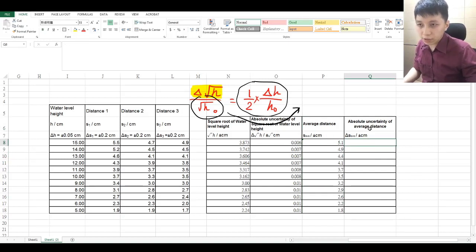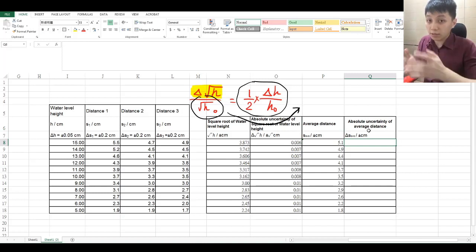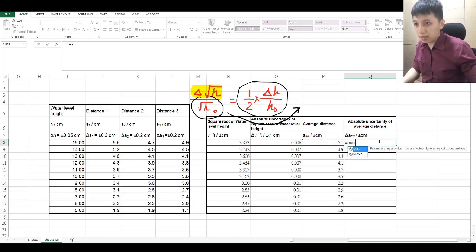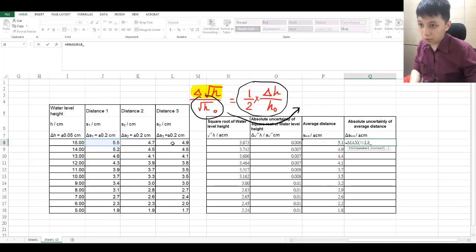For absolute uncertainty, we'll be again using the half range method, and the formula is very similar. So we would have to do same as the one for this, but then we'll do minus. So let me do it. Maximum, double click, select the range, close bracket, minus the minimum, double click, select the range, all right, and add a bracket to it, divide by 2.